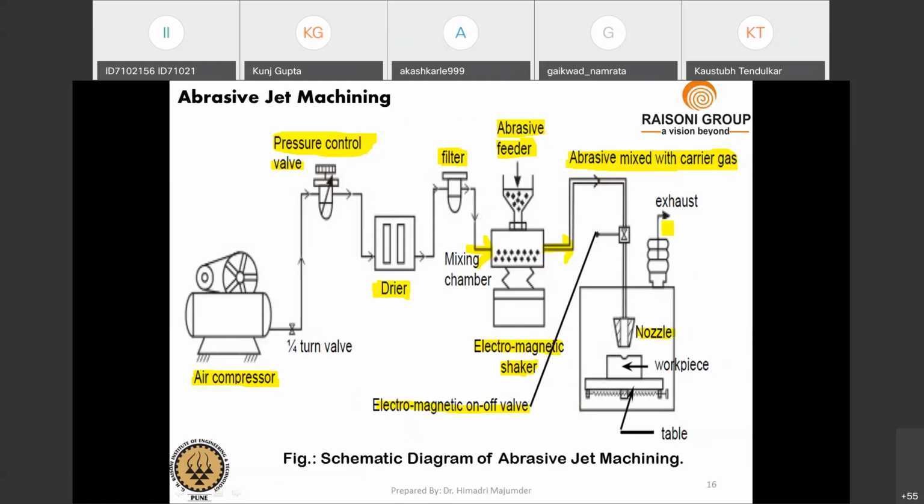Then the abrasive mixed carrier gas comes through this on-off valve and, using this nozzle, strikes your workpiece. The carrier gas removes the small particles that get dislodged due to brittle fracture, and when this process continues for a long time, you get material removal.